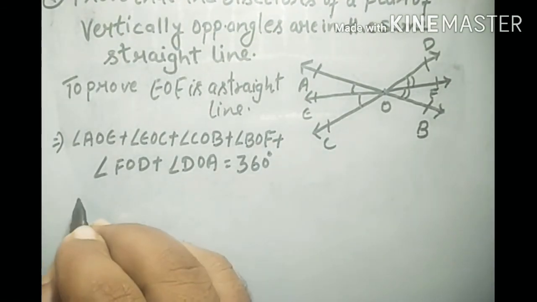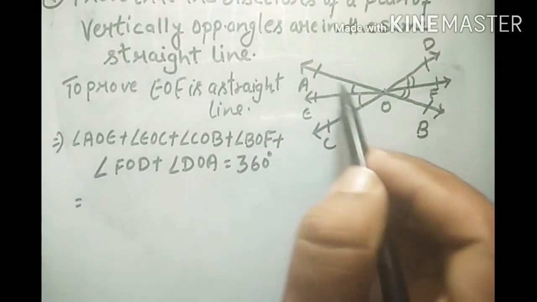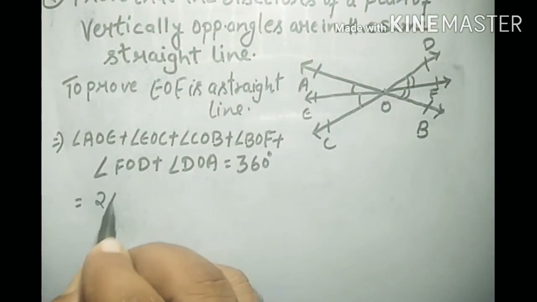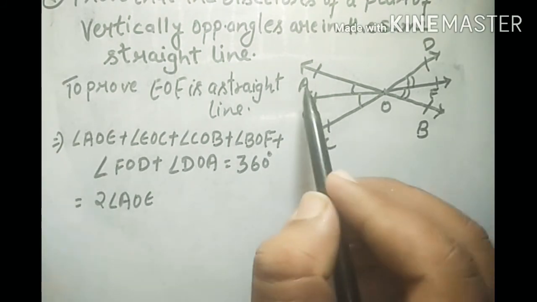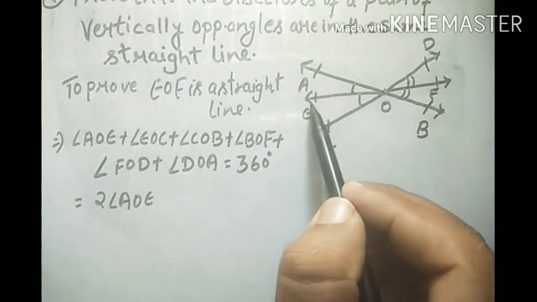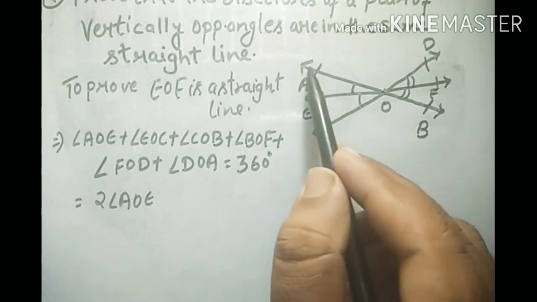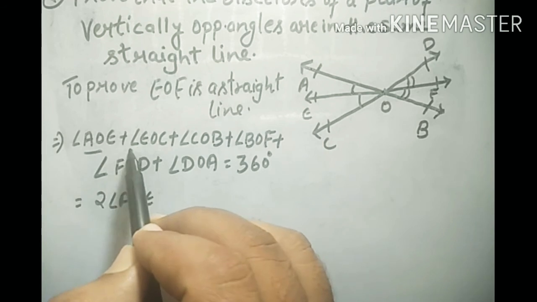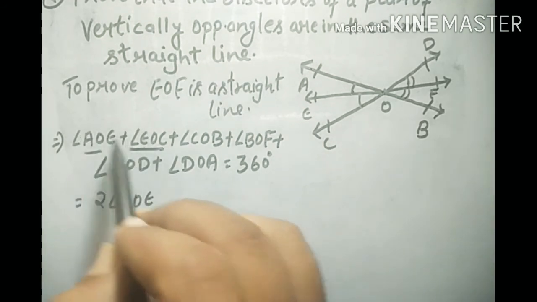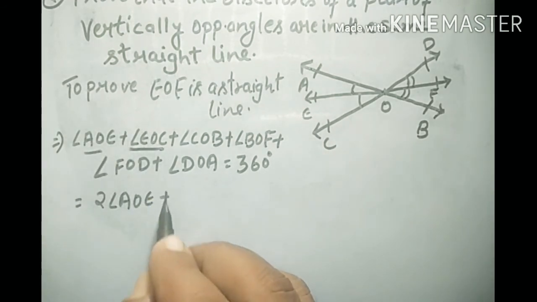Further we can write 2 times angle AOE. Why do we write 2 times angle AOE? Because angle AOE plus angle AOE is equal to angle EOC. So we can write 2 times angle AOE.